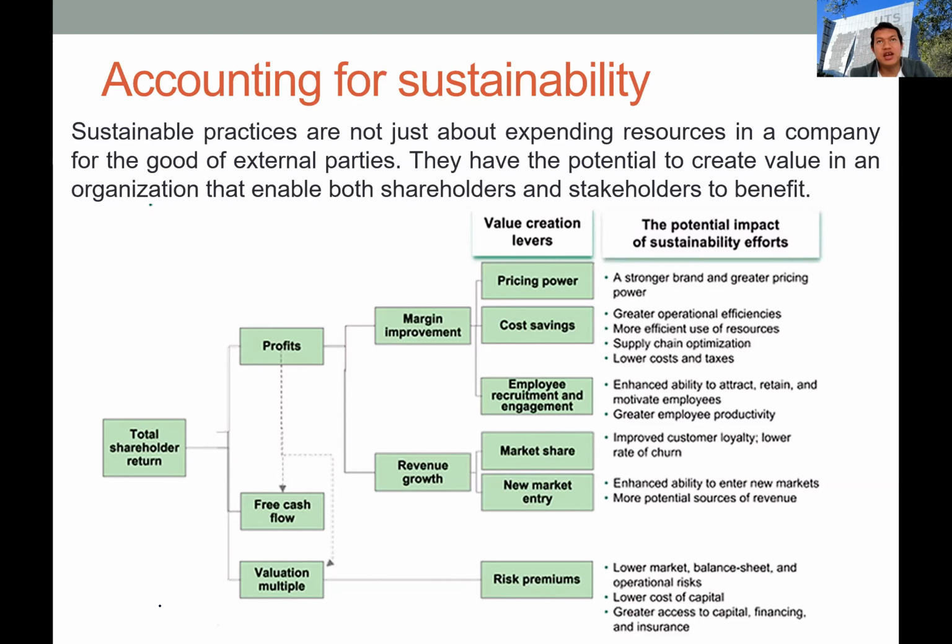Now we have certification processes, for example, for paper products or palm oil products, like RSPO, the Roundtable on Sustainable Palm Oil, which certifies that this palm oil comes from sustainable sources, sustainable farming as well.